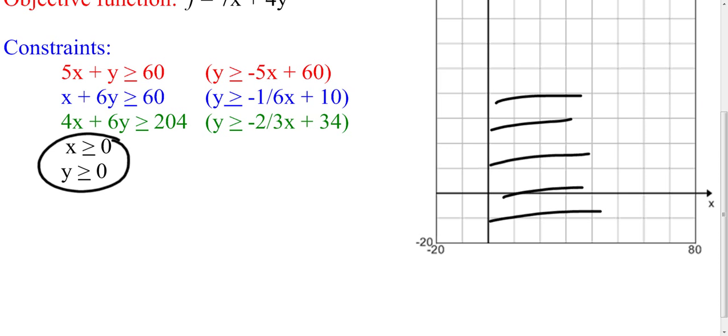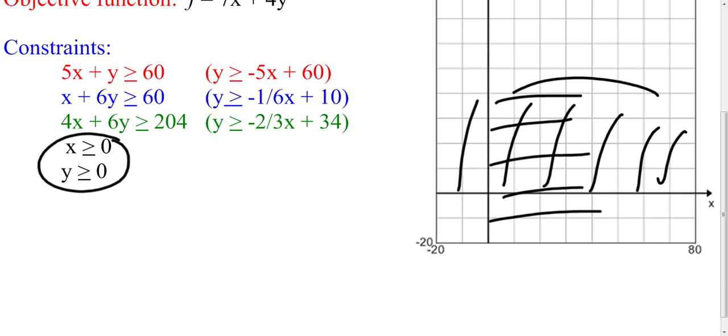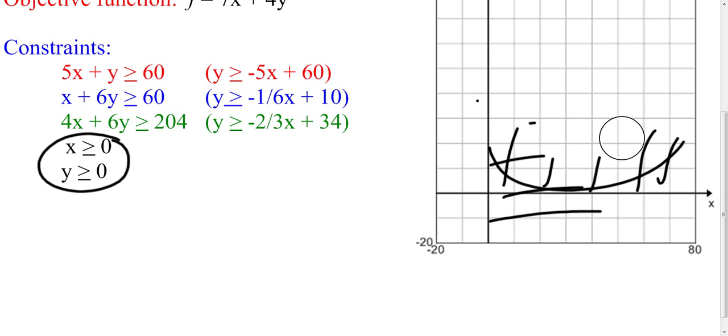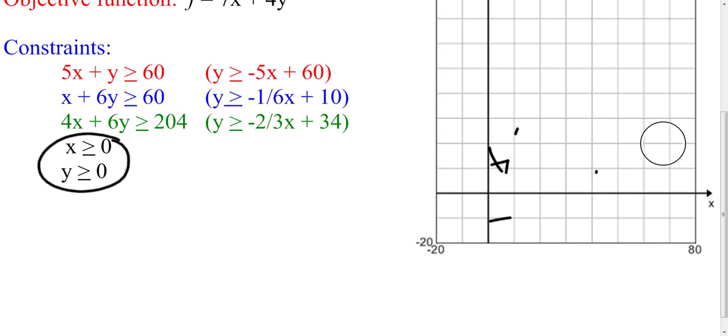Y values greater than or equal to 0 mean you're limited to the upper half of the graph. The place where those intersect is up here in the upper right-hand quadrant of the graph. And so I am not, just so you know, going to color on this graph at all anything with those two inequalities, just because it gets so messy up here and it's hard to erase. So I am not ignoring them, but I do want you to pay attention to that limits your graph to the upper right-hand quadrant, okay?